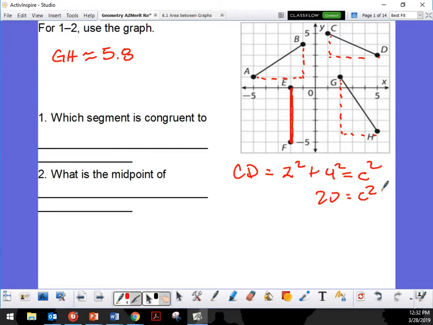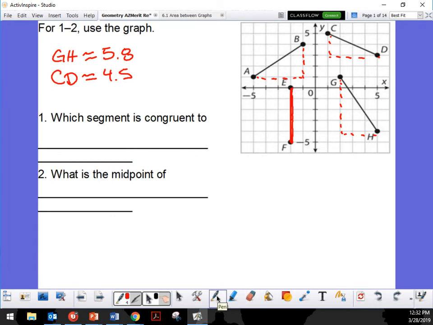So undo the square, C is square root of 20, right? 4.5. So CD is 4.5. All right. Okay, I'm going to clear that one up.